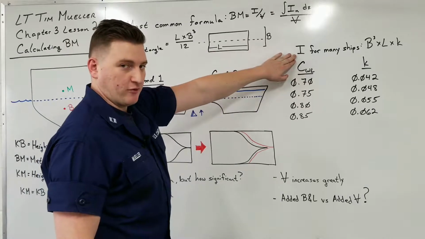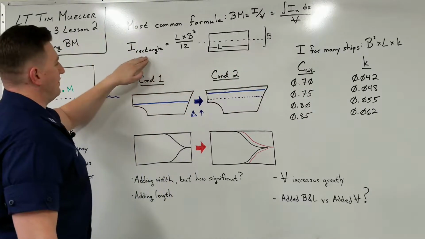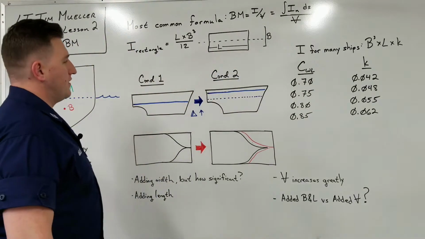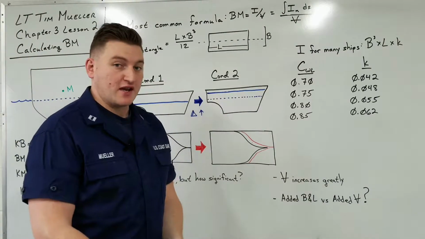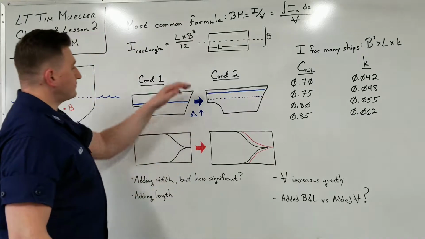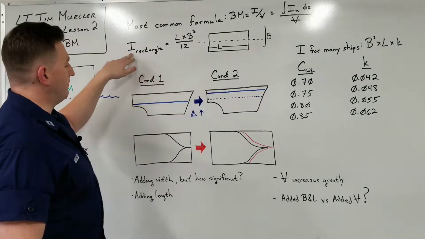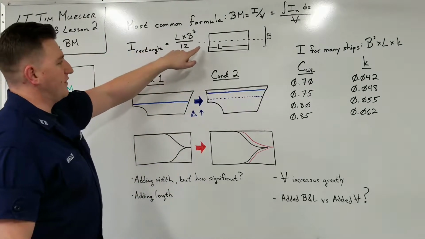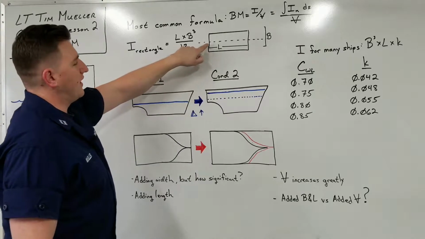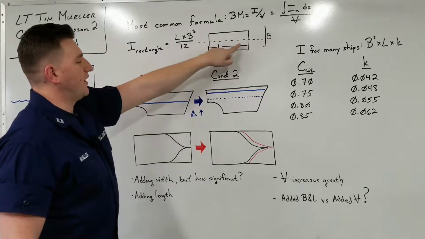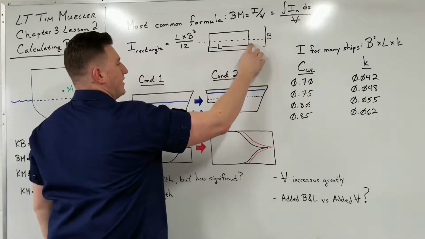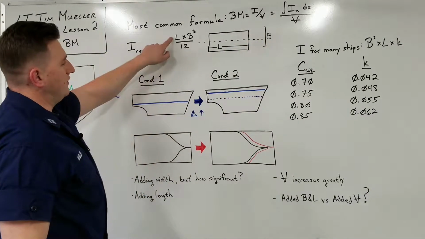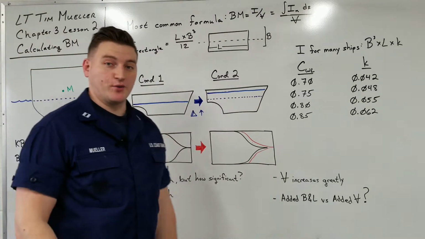But before we get into that formula, I'm going to take a look at the moment of inertia of a rectangle. By definition, and you can look this up in any physics video or textbook, the moment of inertia of a rectangle being rotated about an axis along its longitudinal length, with this being L and this being B, is L times B cubed divided by 12.